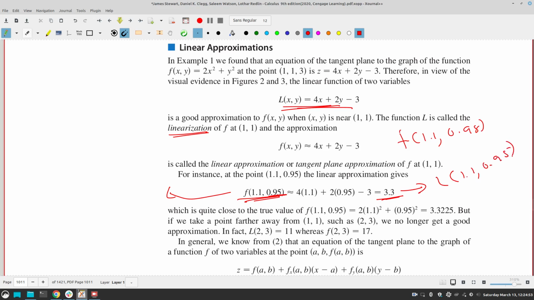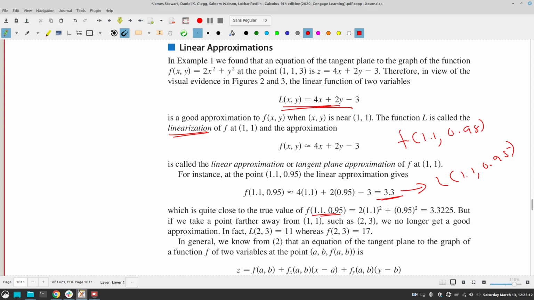Right. Well, what is the exact value? The exact value is f(1.1, 0.95), which is equal to 2 times 1.1 squared plus 0.95 squared, which is 3.3225.